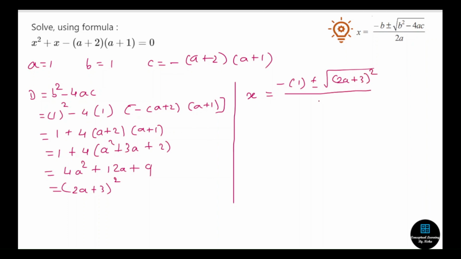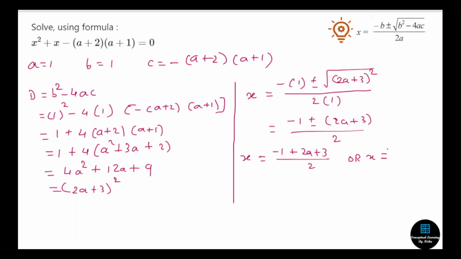upon 2 times 1. See, I have substituted all the values first. Now what I'll get? Minus 1 plus or minus, the square root gone, and we'll get 2a plus 3 upon 2. Now I'll take plus 2a plus 3 upon 2, or I can write x equals to minus 1 minus 2a minus 3 upon 2.